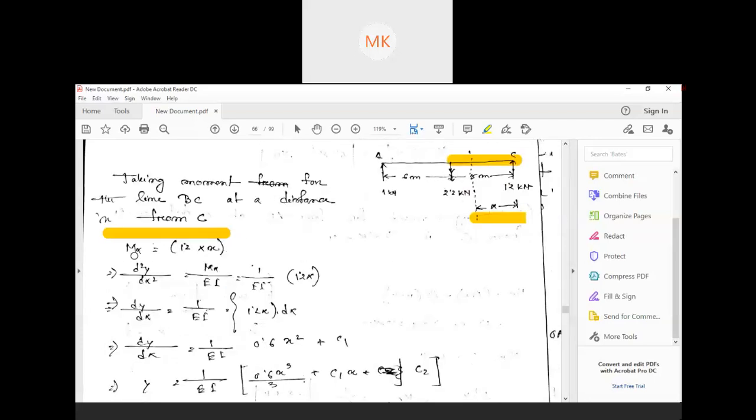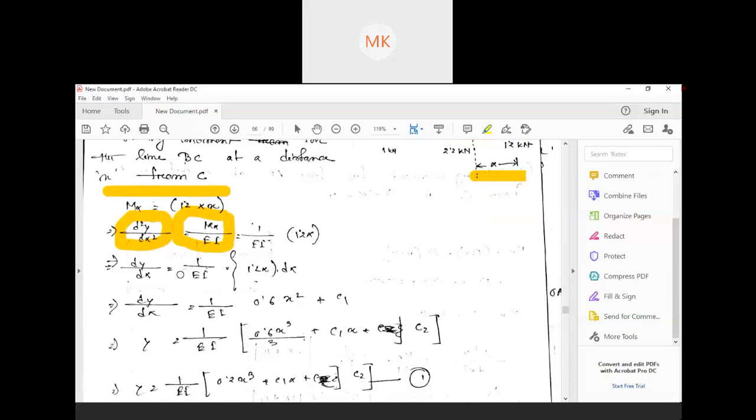Mx is equal to 1.2 into x. So Mx is also we can say as EI d square y by dx square, is equal to Mx. This is the equation I think all of you know. So from here 1 by EI is constant. Mx value you know is 1.2x. Just put the value.